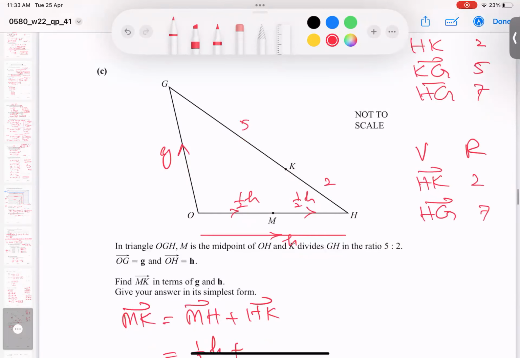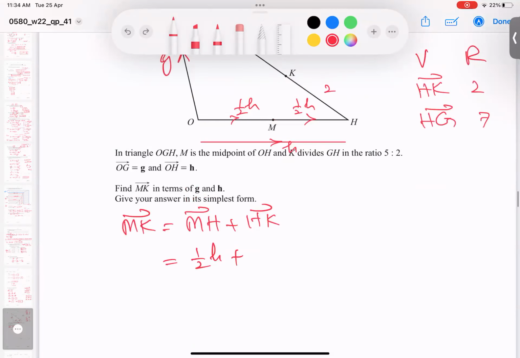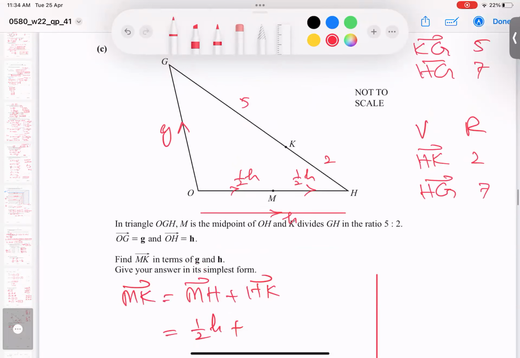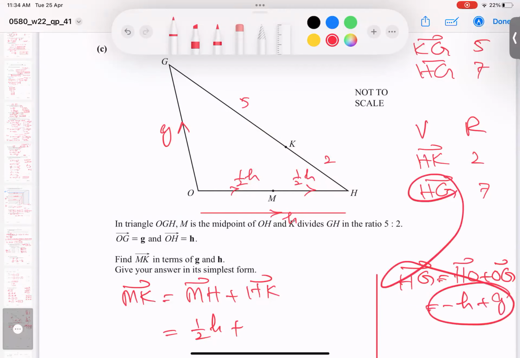HG, we can find. Can I say H to O, O to G? Yes. H to O, going backward, so coming negative H. OG is G. It means this vector value I have.